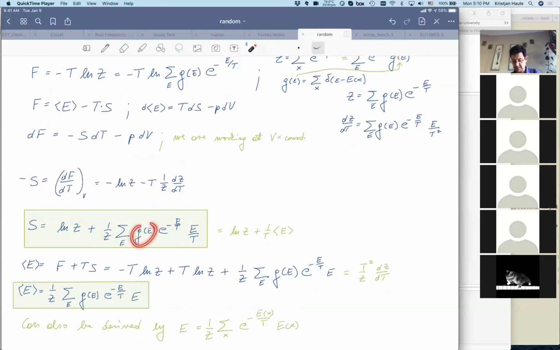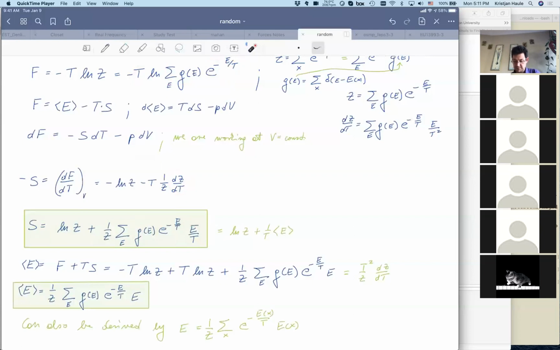We have g of E times e to the minus E over T, and when we take the derivative with respect to T, we get E divided by T squared, isn't that so? But there is one T in front, so therefore it's E divided by T only. So this is just a direct consequence of writing free energy like that.